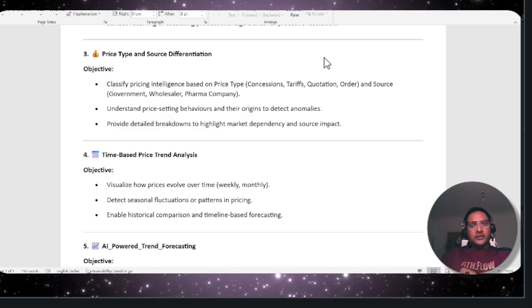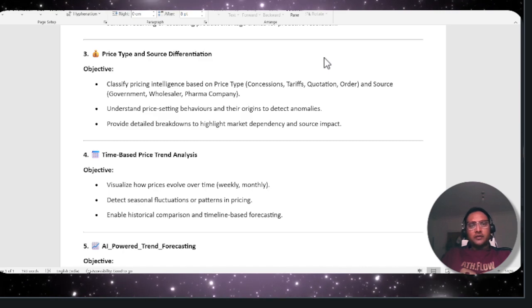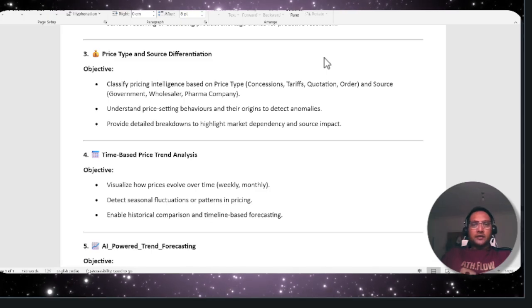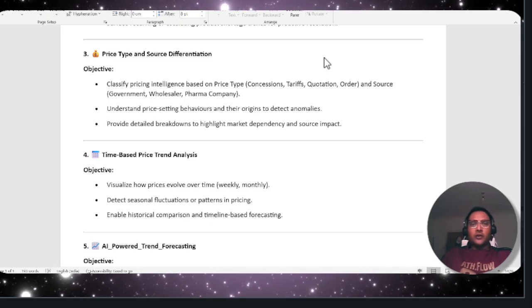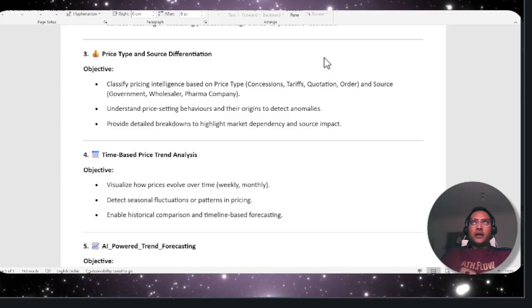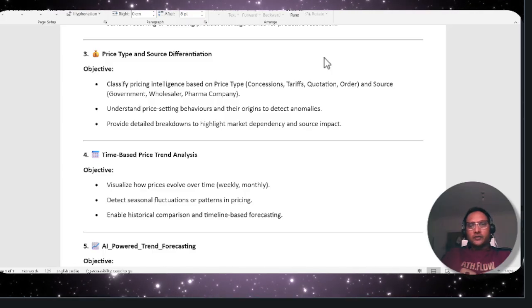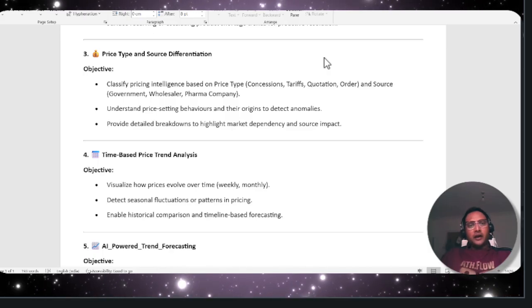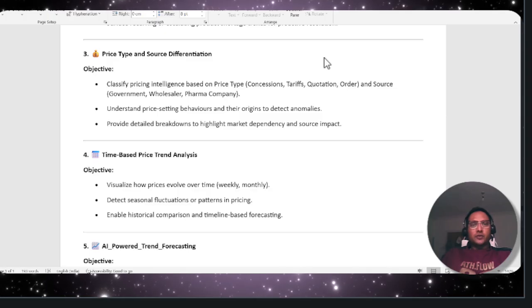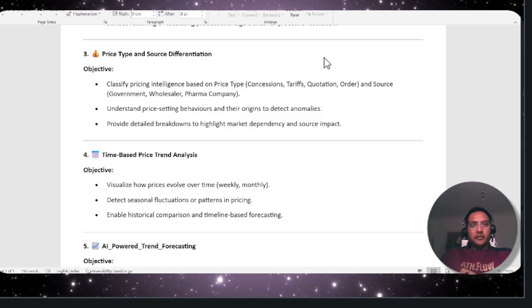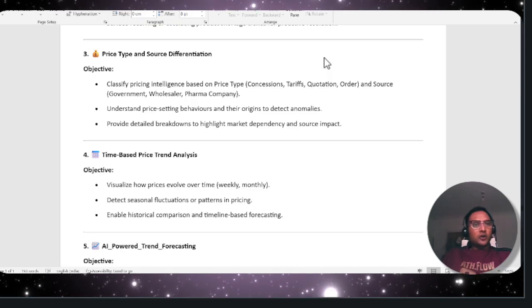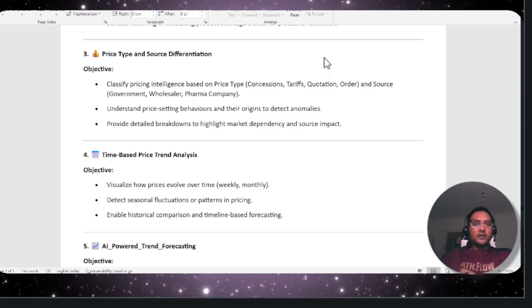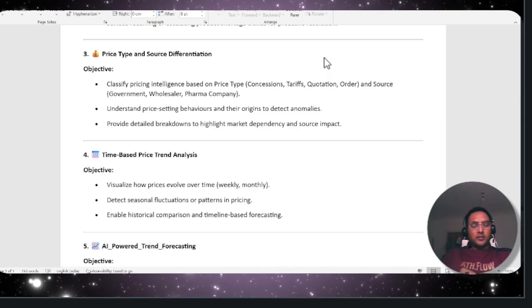If you consider price type, we can have concessions, tariffs, quotations, and orders, and the price varies across all of these different sectors. There are also different sources where this price can be negotiated. It can be through government, or through wholesalers, or through pharma companies.